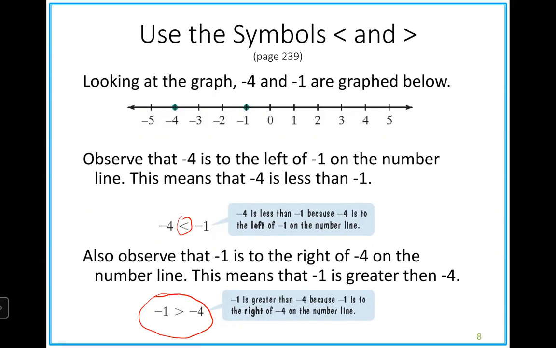If it's greater, it would be to the right of the number. If it's less than, it would be to the left of the number. So the numbers that are to the far left are decreasing, and as we move to the right, the numbers are increasing.